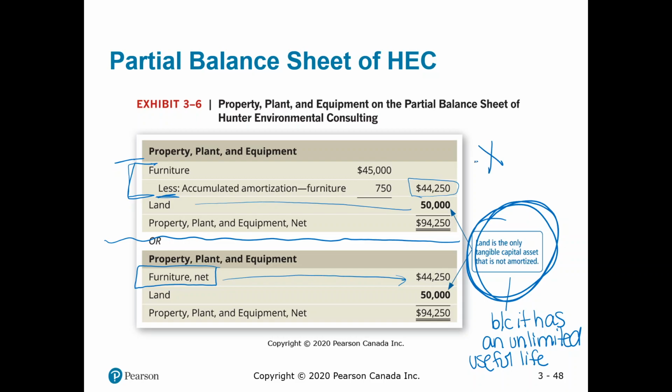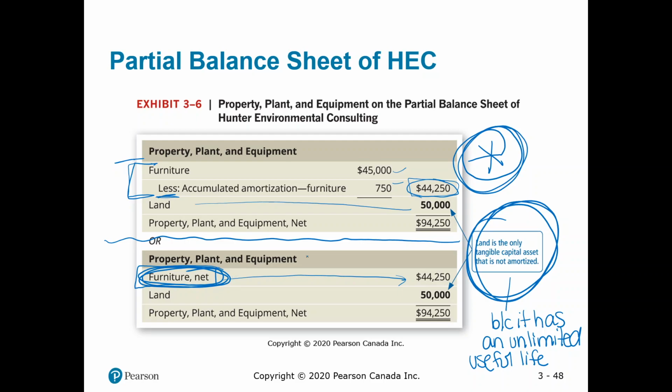Now, we will use this top version in our class. We need to show this net amount, or show each individual amount and get to our net. If a company in the real world used this just furniture net bottom example, somewhere in the notes to the financial statements, they would break it out.